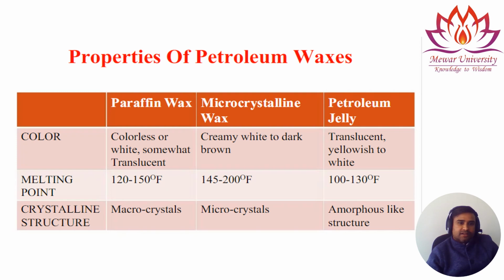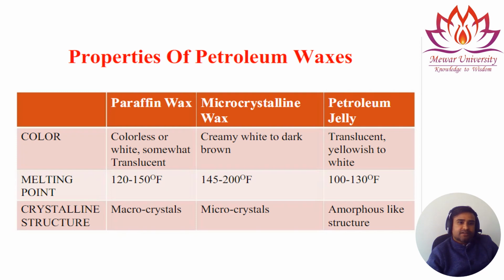You see in this slide the properties of petroleum waxes: paraffin wax, microcrystalline wax, and petroleum jelly. These are the three classified wax groups, and their color, melting point, and crystalline structure. How is the color of paraffin wax? It is colorless or white or somewhat translucent.